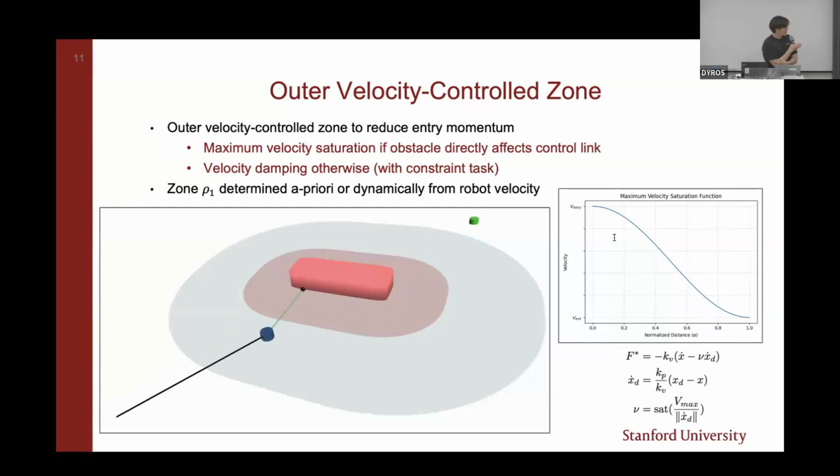The video demonstrates the added effect of the velocity control zone, where minimal deflection is observed at entry into the inner zone of influence, and the robot returns to regular operating velocities when exiting the outer zone following the same maximum velocity saturation curve. However, as you can see, there's a non-smooth exit when the robot leaves the zone of influence. So then we need this exit strategy for resolving this.